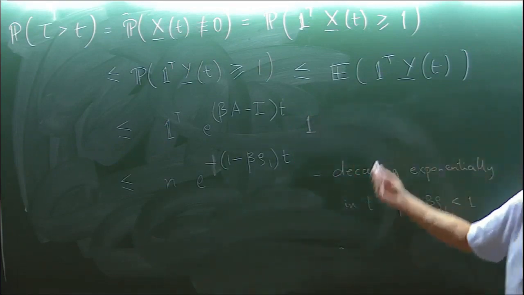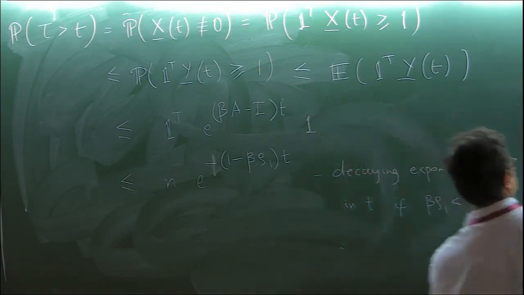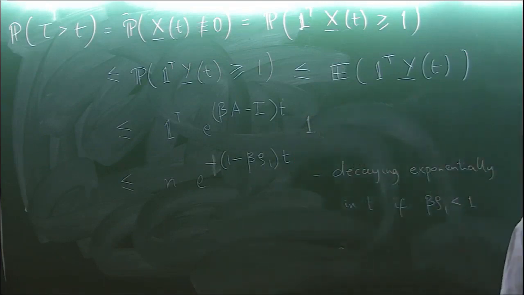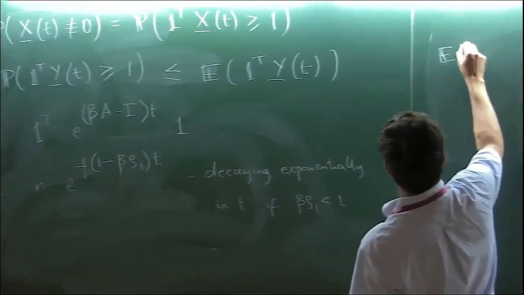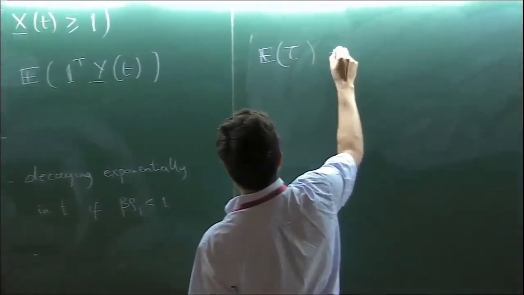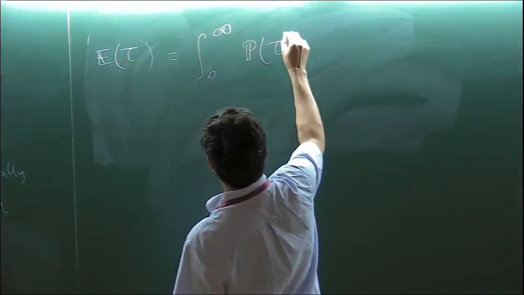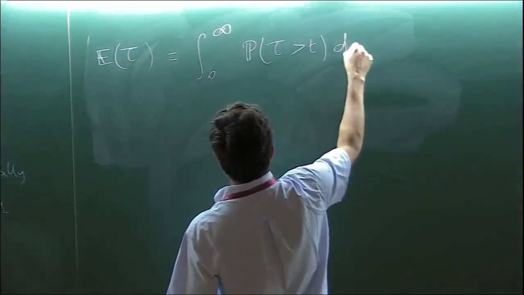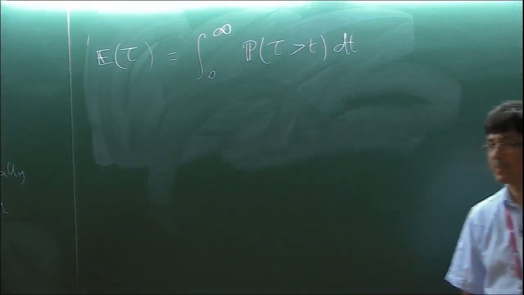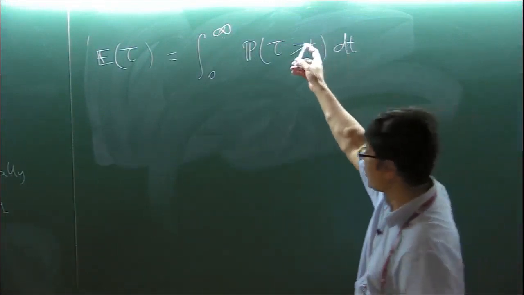Okay, and that's pretty much it. So to calculate the expectation, it's straightforward. Okay, so the expectation of tau is the integral from 0 to infinity of the probability tau bigger than t dt. Okay, and we can dominate this.